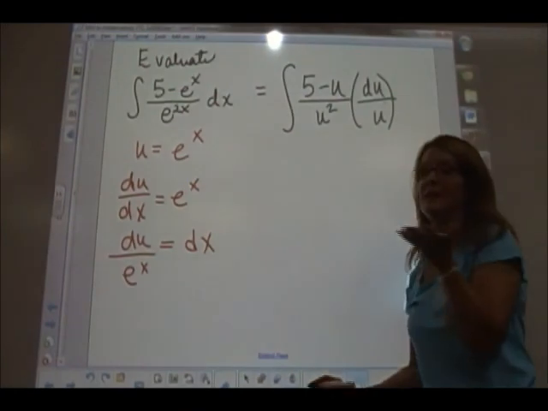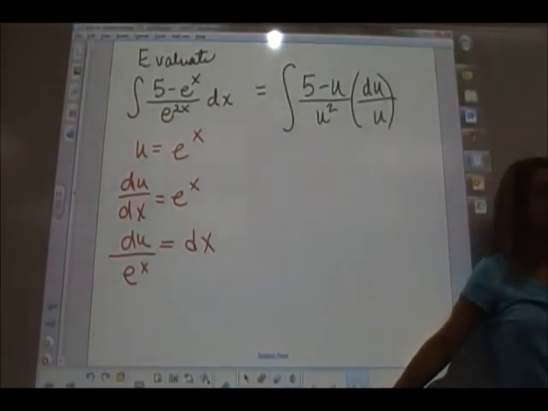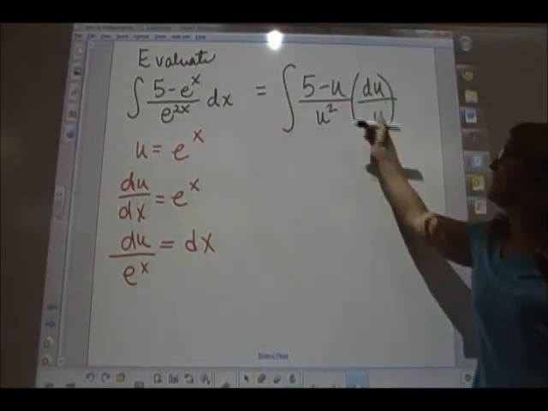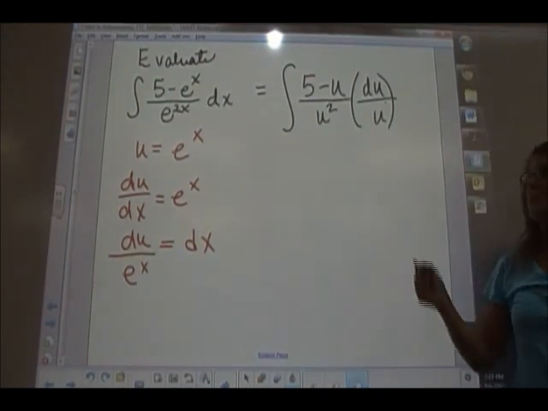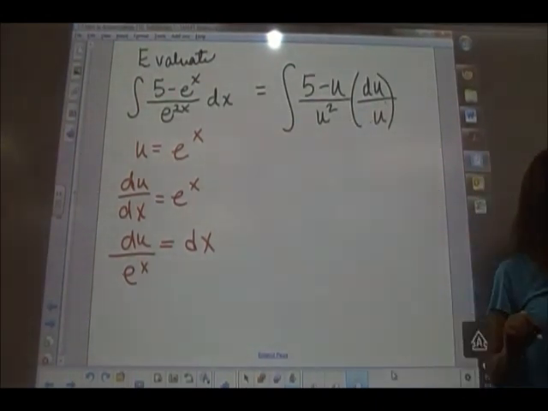Well, he's accomplished one big thing, hasn't he? Cleaned out the x's. All the x's are gone. That's pretty doggone good that he got rid of all the x's. Can I cancel the u's? No. No, but could I multiply the u's? Yeah. Sure.